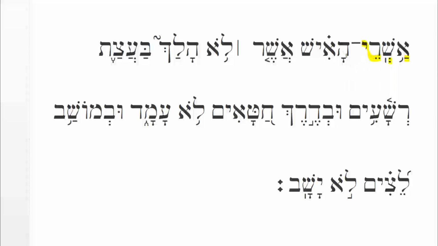We come to our second word. We have the hey. It's got a qamets, and then we have a hireq yod. Again, that's made of two parts. And this dot here is part of the sheen, so it's not a vowel at all. So this is ha'ish.